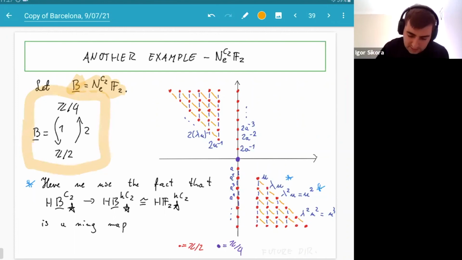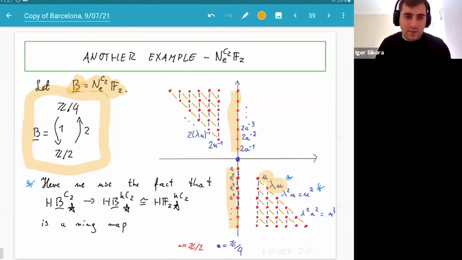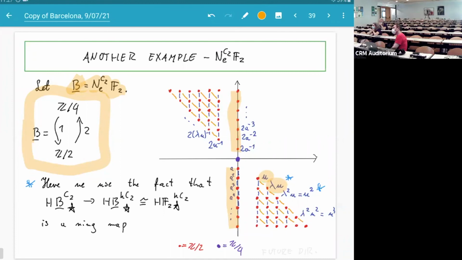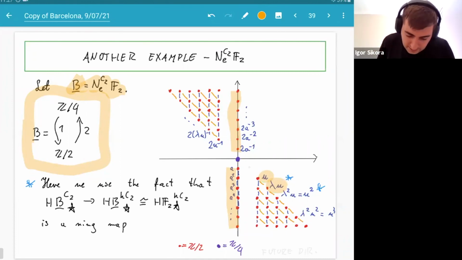And here we have the action of A, so this is already what we know. Here we have U, but here we have a non-trivial class of degree 3 minus 3 sigma. And how is it connected to the element U? Here we have a kind of virtual class lambda.